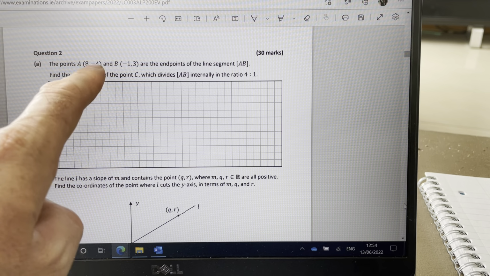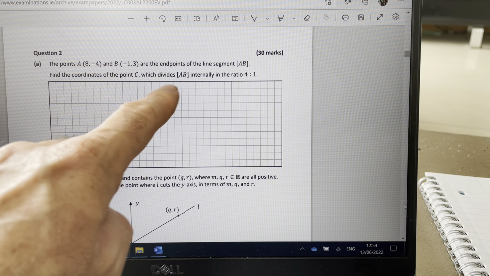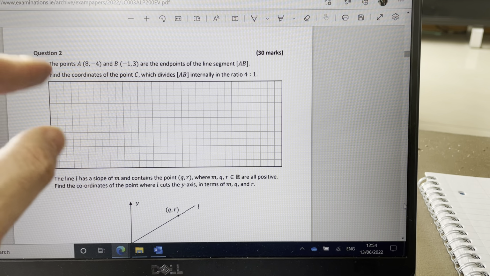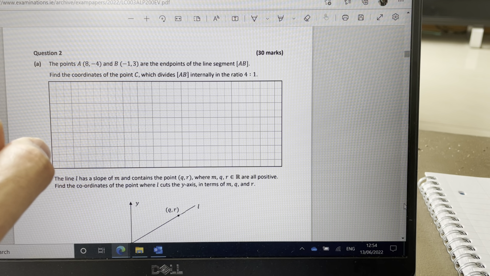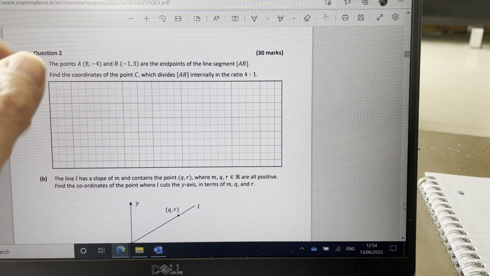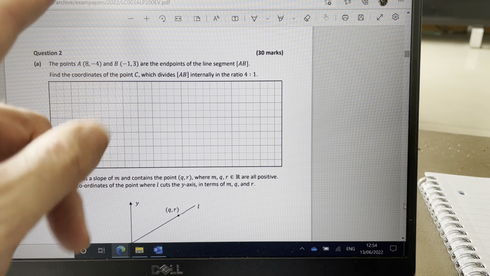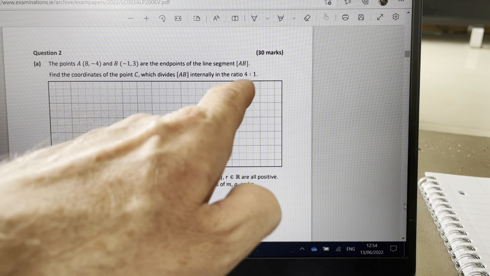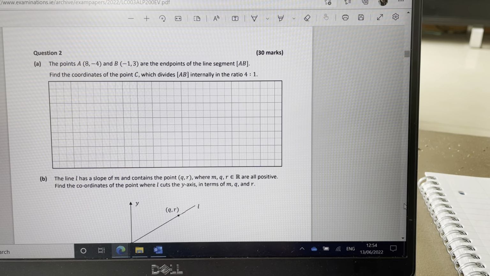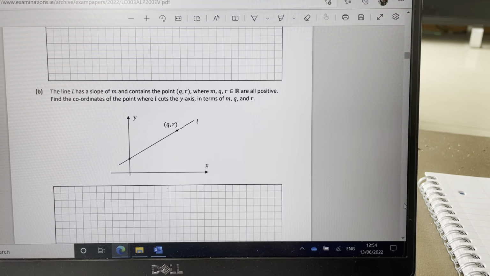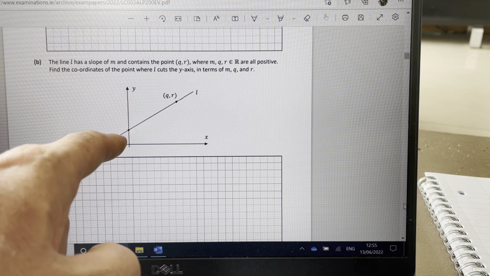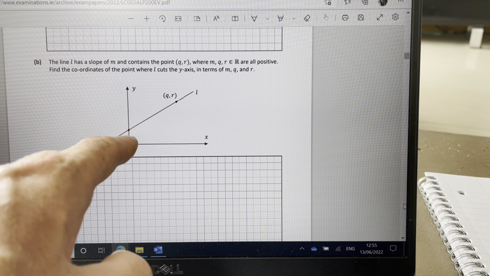Okay, points A, B endpoints, coordinate C split internally in the ratio of 4:1. That is fine. There's a log tables formula for splitting a line in a ratio. So put in your A and B, 4 and 1, and that should be okay. Line L has slope m, find the coordinates of the point which cuts the x-axis.